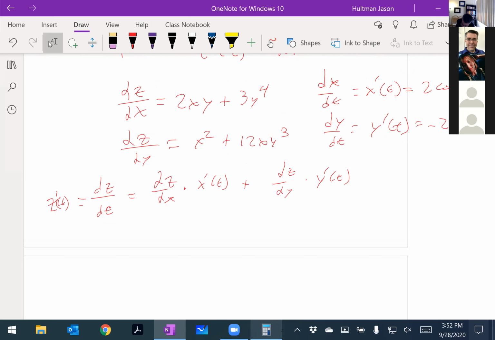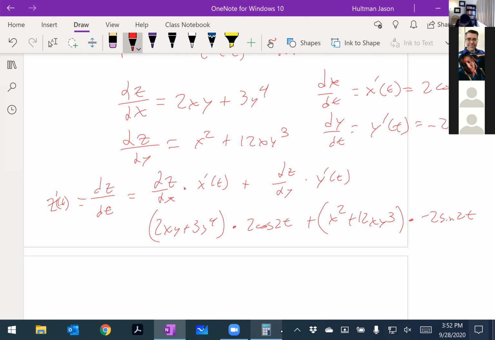So this is going to be 2xy plus 3y to the fourth, times x prime of t. Well, what is x prime of t? We calculated that. That's 2 cosine 2t, plus dz/dy, that's x squared plus 12xy cubed, times y prime, which is negative 2 sine 2t.